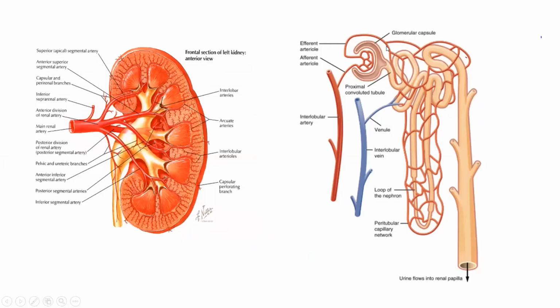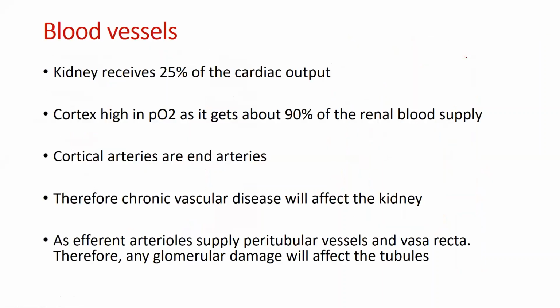And if the blood supply gets affected, you can imagine all these structures, the tubules and everything that is supplied by this blood supply are going to get affected. And then you will start developing other problems with the tubular interstitium as well. So you can see that all these units are all interlinked. If one gets affected, the other structure also gets affected.